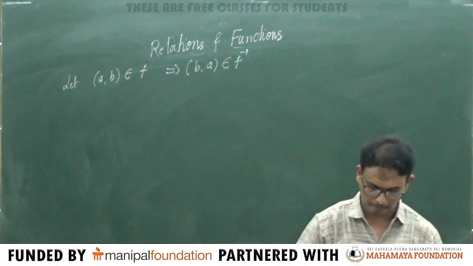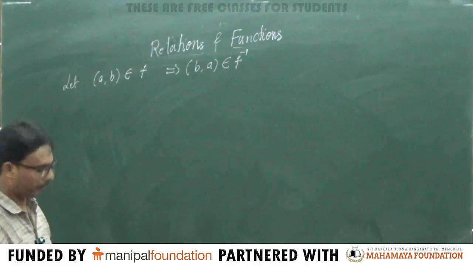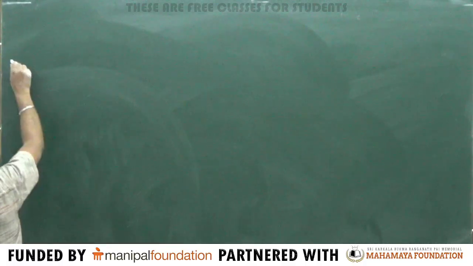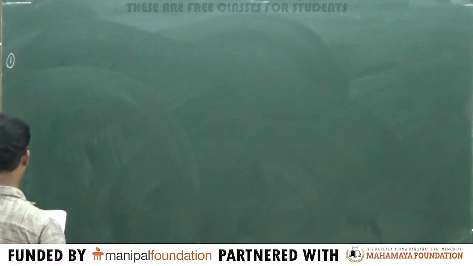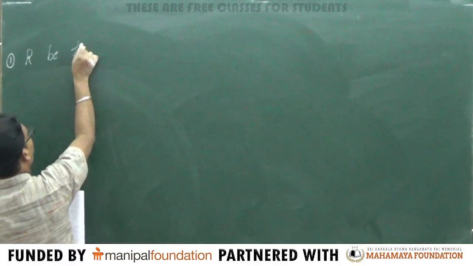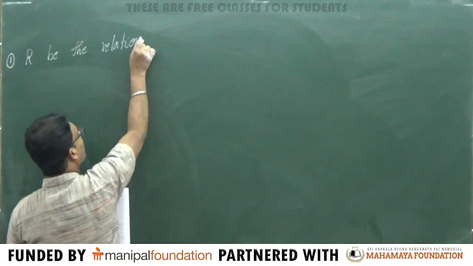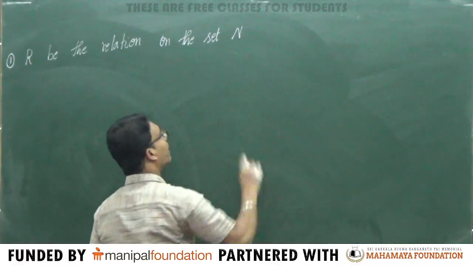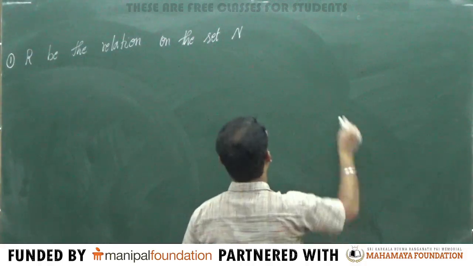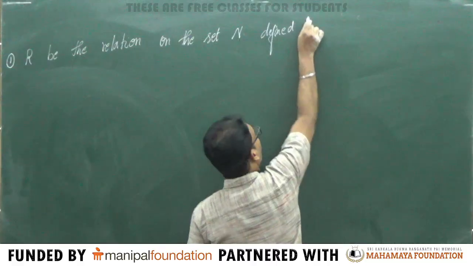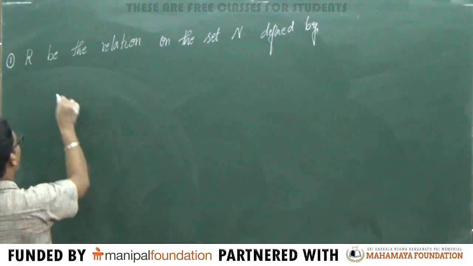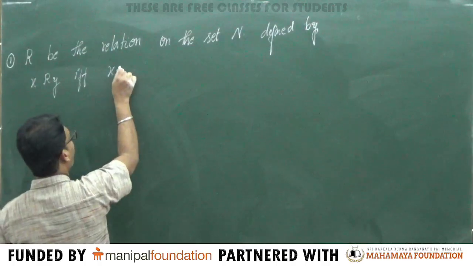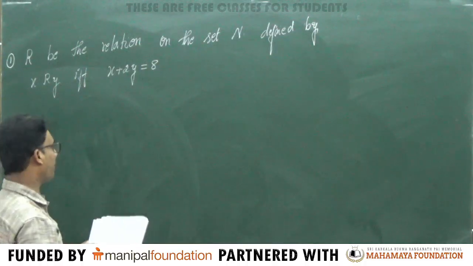First problem, first question. Let R be the relation on the set N, which stands for the set of natural numbers, defined by x is related to y if and only if x plus 2y is equal to 8.